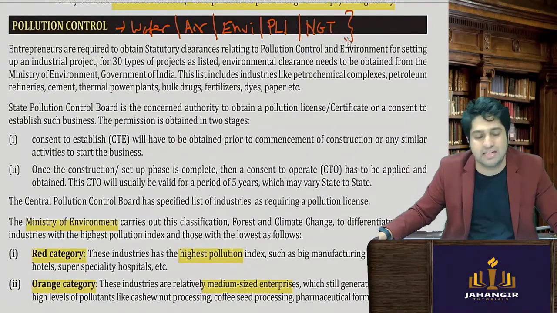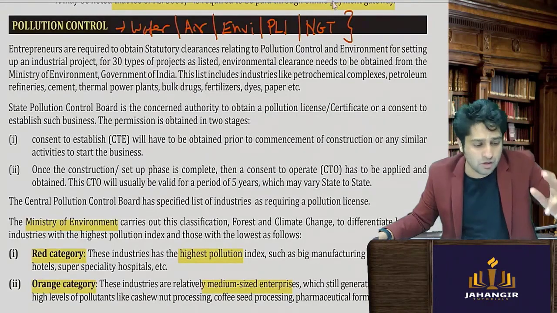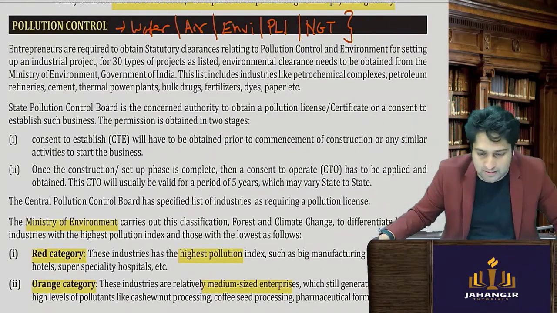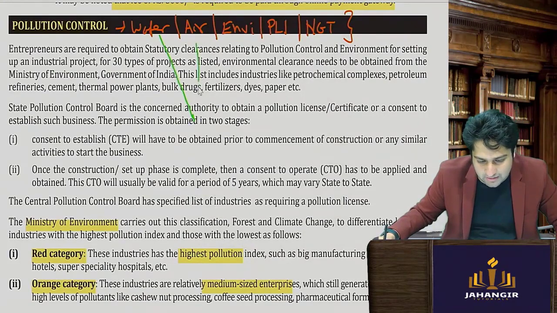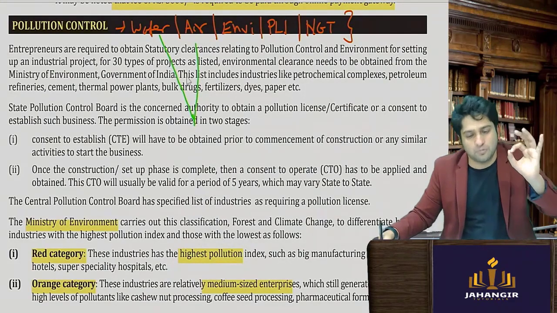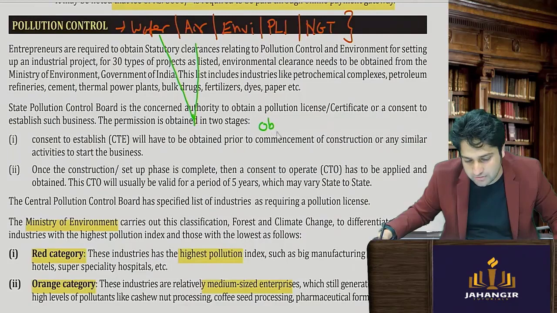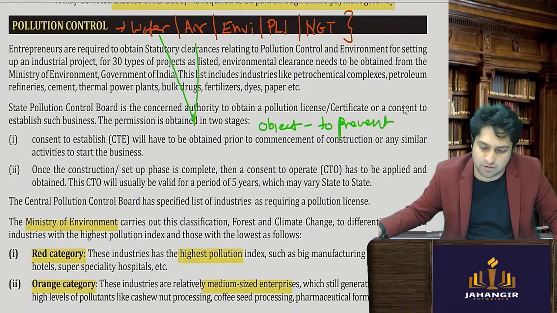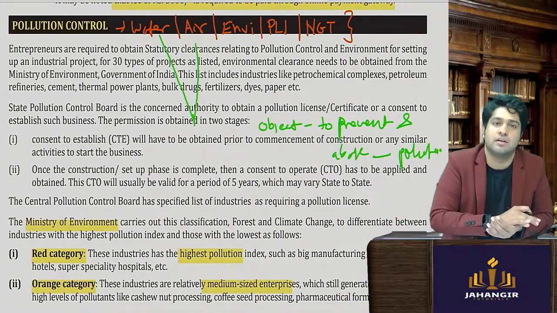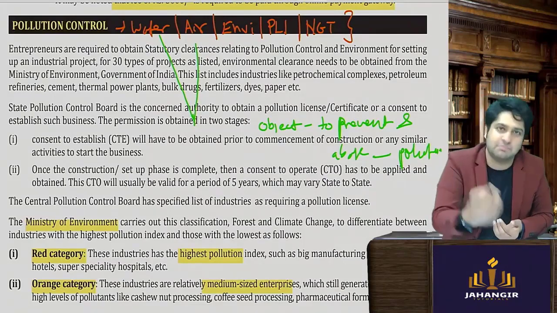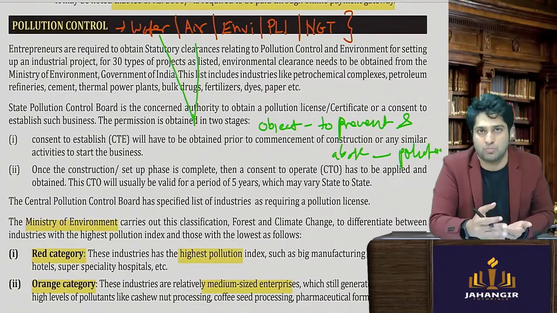So these are all your main pollution control laws. Now remember one thing, whenever these two are there, Water Act and Air Act, the object of the act is always, even in the chapter you can write, to prevent and abate pollution. The object of the act is to prevent and abate, which means again prevent only: prevent air pollution, water pollution.